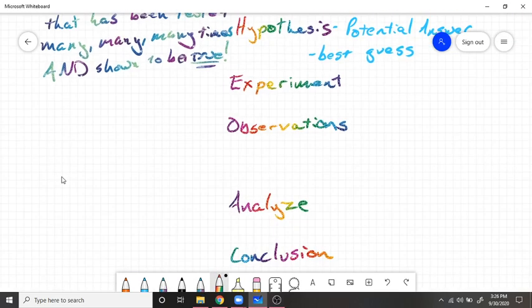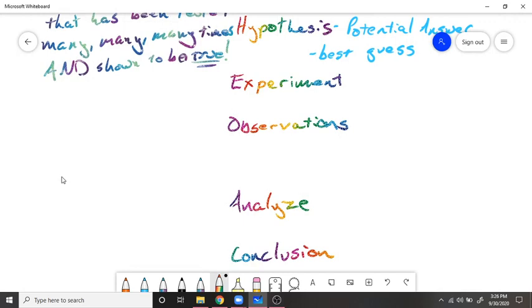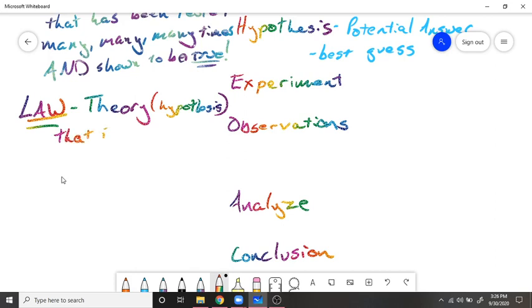Above a theory, the next level of hypothesis is a law. Law is a very strong word. You know, you can't break it. It's a rule that cannot be broken. And in this case, a law is a theory or hypothesis that is true under every circumstance.